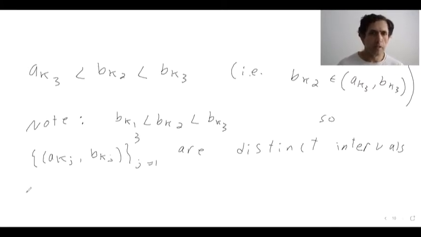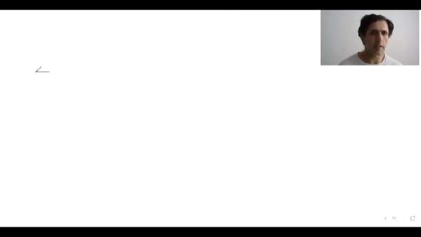Okay. All right, so last one before I just write down the induction. Again, assume that B is less than or equal to BK3. So what happens then? The sum from K equals 1 to n of these lengths here.